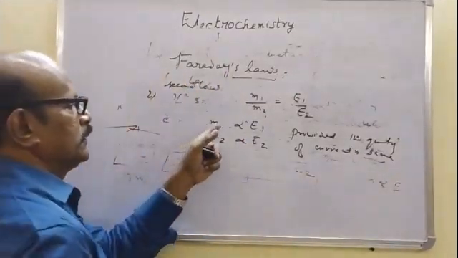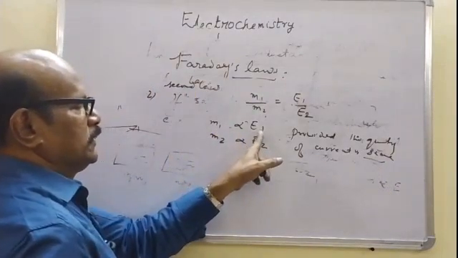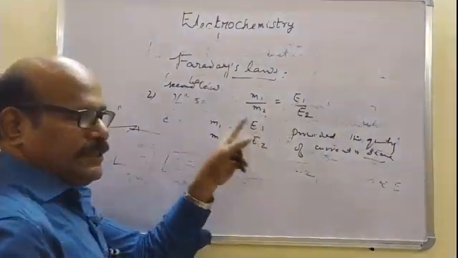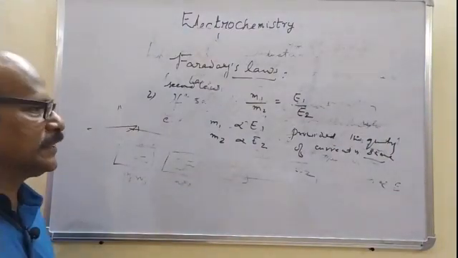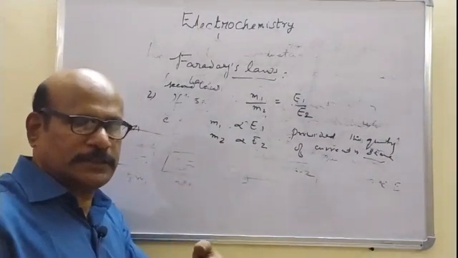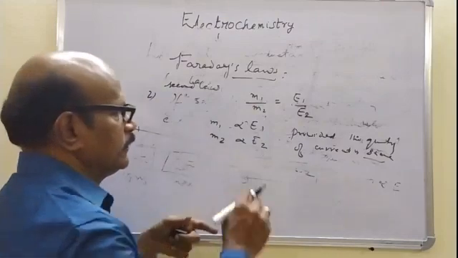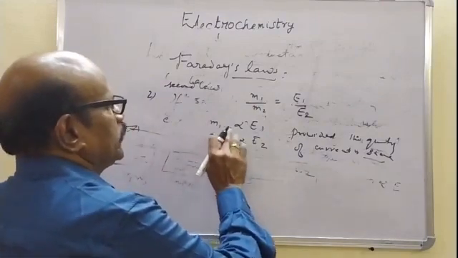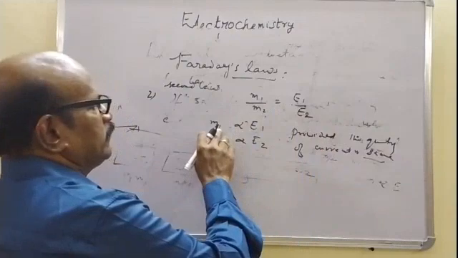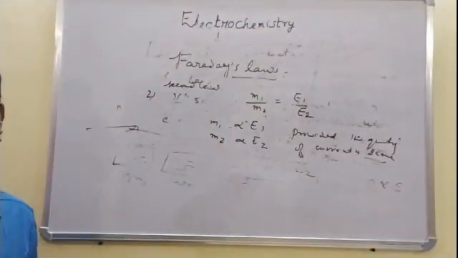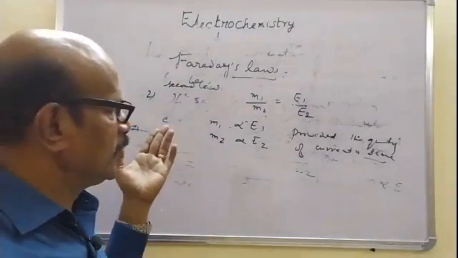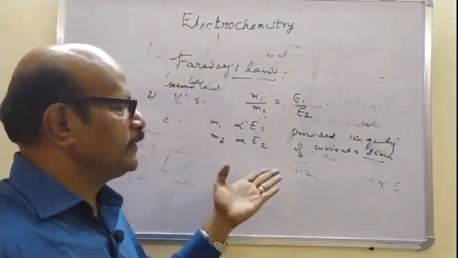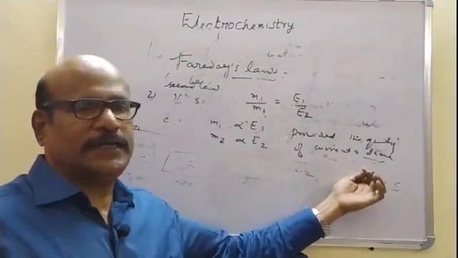Suppose E1 and E2 are the chemical equivalent weights of the substances produced, respectively their one equivalent. According to the second law, we can argue that the mass of each substance deposited is proportional to their respective equivalent mass or equivalent weight if the same quantity of current is employed.